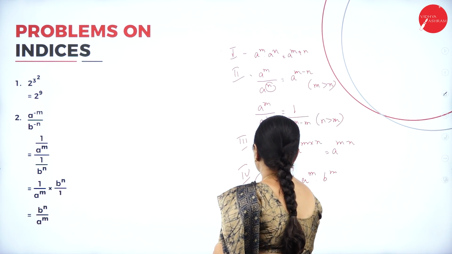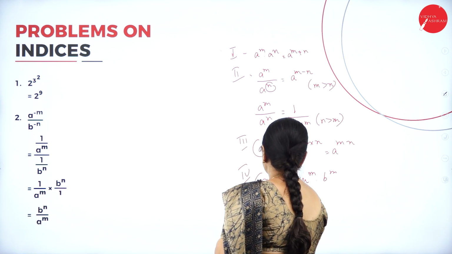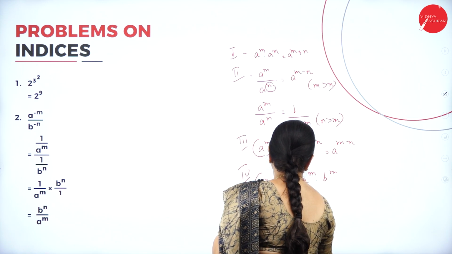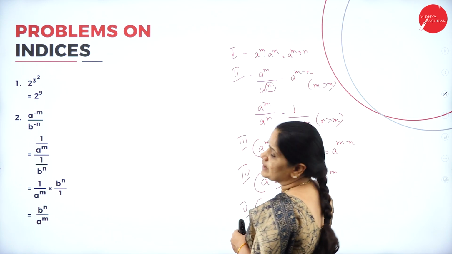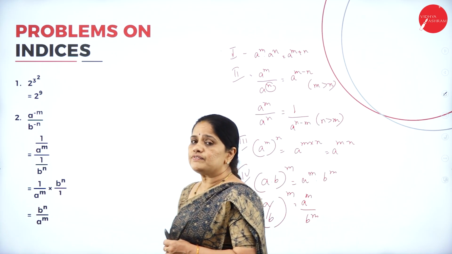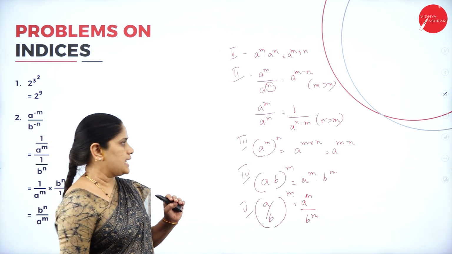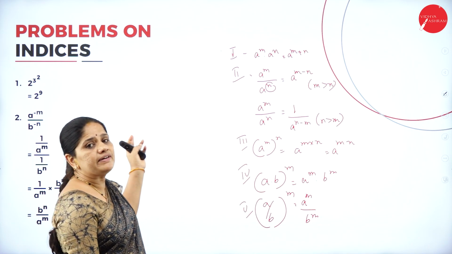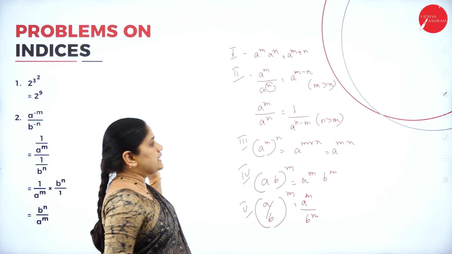In the fifth law, a by b to the power m equals a to the power of m by b to the power m. So, these are the 5 laws of indices which we had discussed in the previous class. Based on these 5 laws, we will be working out problems on indices.